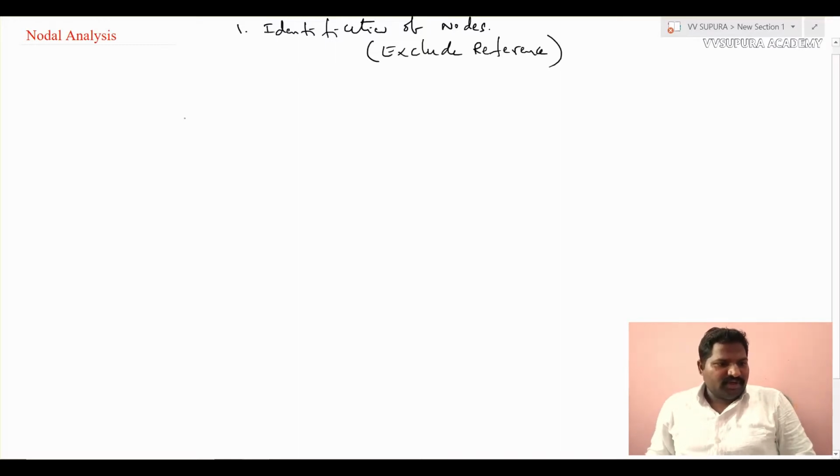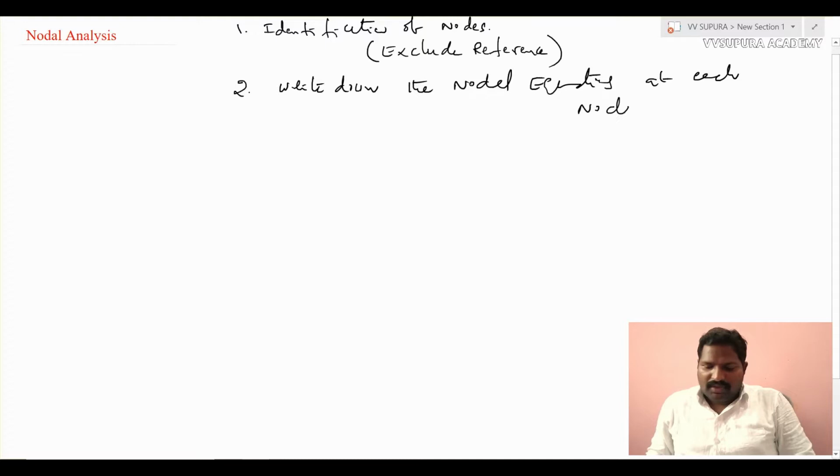Okay, so the first point is identification of nodes, and the second point is to write down the nodal equations at each node.